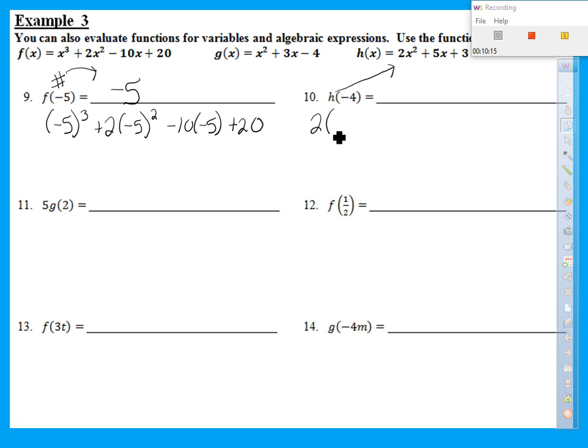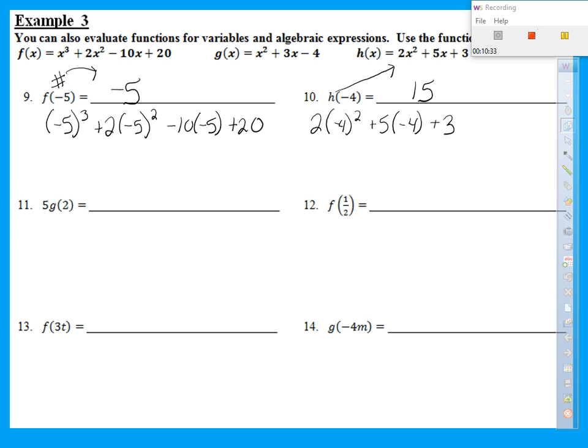I'm going to have 2 parentheses, -4 squared, plus 5 parentheses, -4, plus 3. Plug in a number, get a number. Once you hit equal on that, you should get 15. Now in the video, I'll try to pause a little bit and give you a chance to type that in. I hate to pause too much on a video.